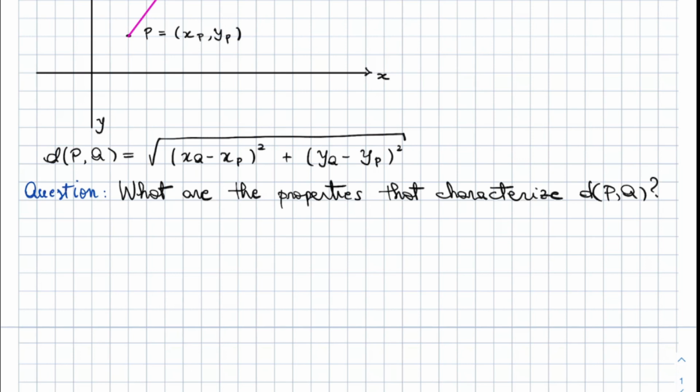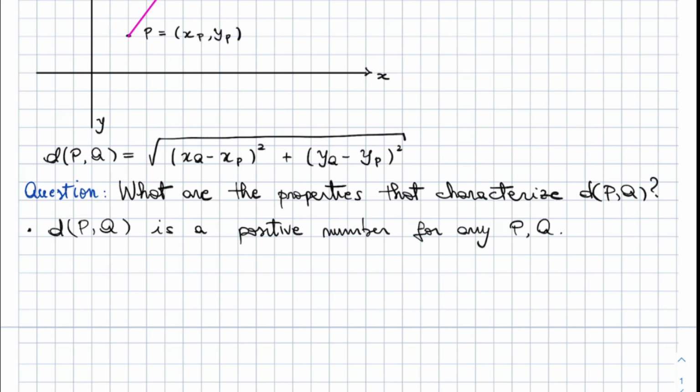The first one we see is that dpq is a positive number for any P and Q. And this must be the case every time.